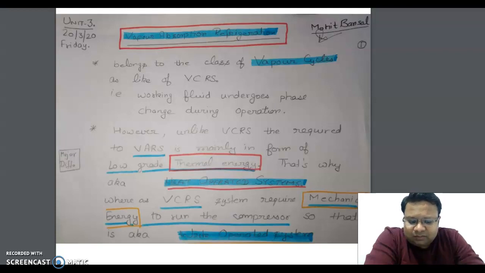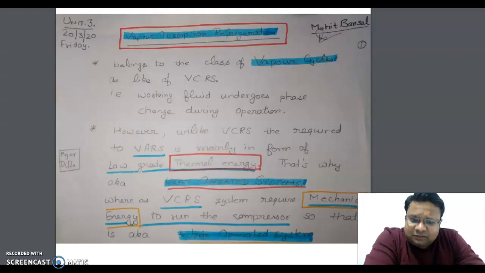In the evaporator, the wet refrigerant extracts heat from the refrigerated space and converts itself into saturated vapor. Thereafter, it is compressed in a mechanical compressor, and later, when it passes through the condenser or the condensing medium, it changes its phase again from superheated vapor to saturated liquid.